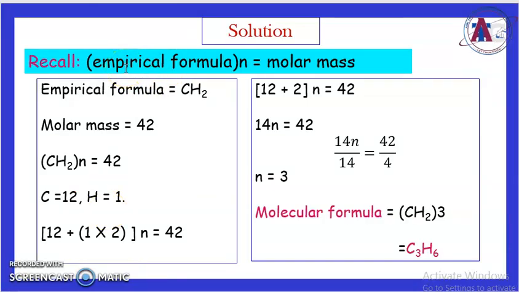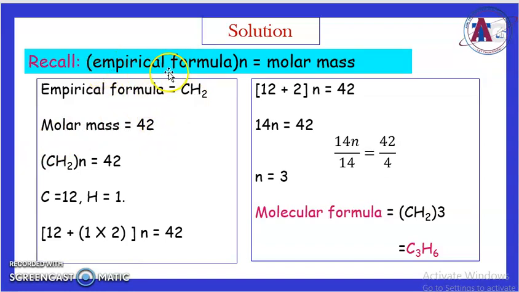Recall in our previous video that empirical formula times N will give you the molar mass. And the empirical formula of the compound given to us is CH2. That's the empirical formula. And the molar mass from the question is 42, right?